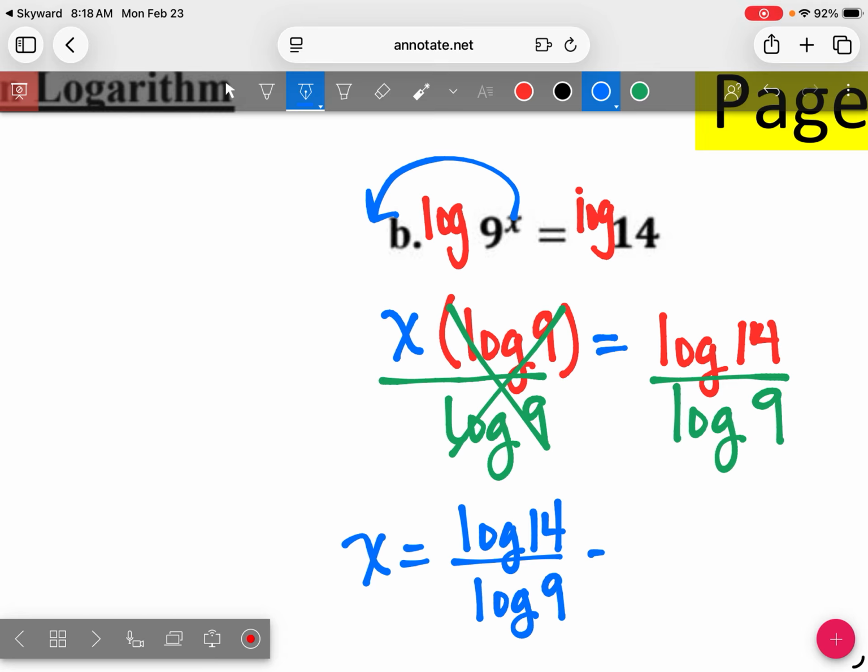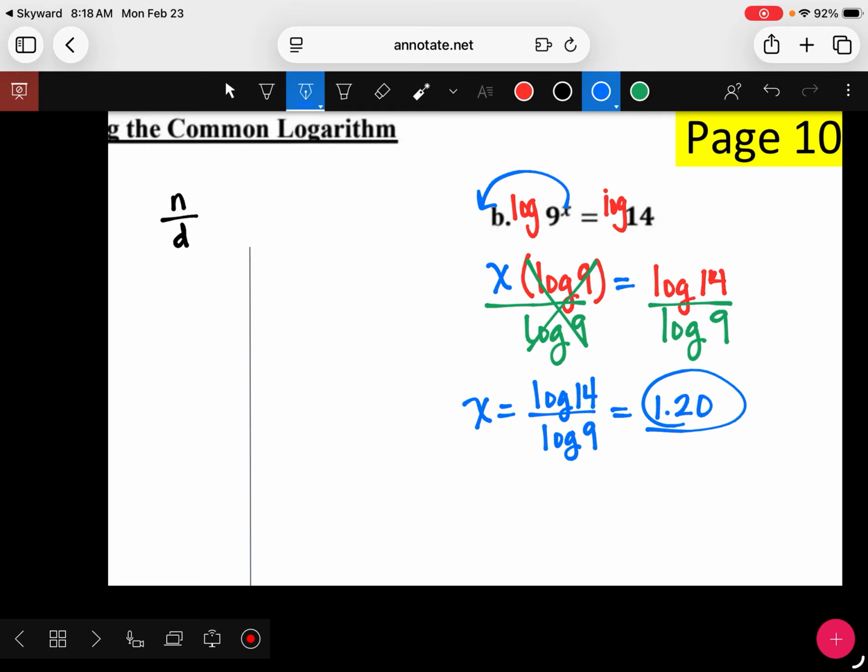Go ahead and type that in your calculator. Who got 1.20? All right. Is that what you got? All right. Any questions about A or B?